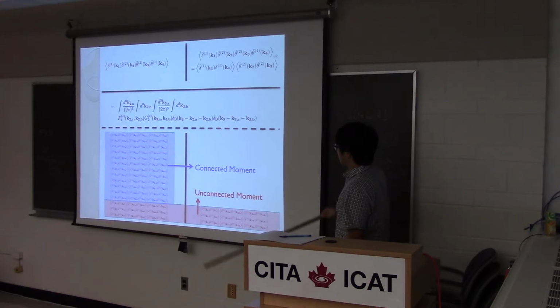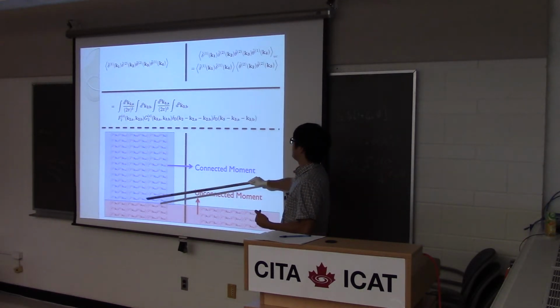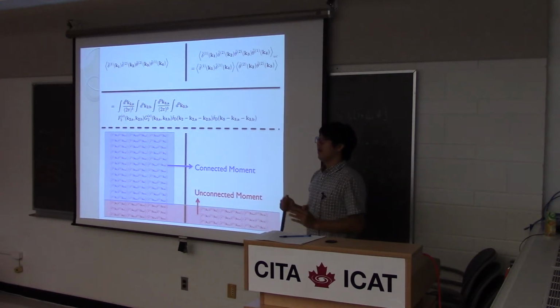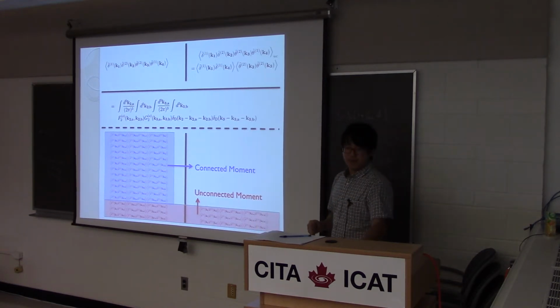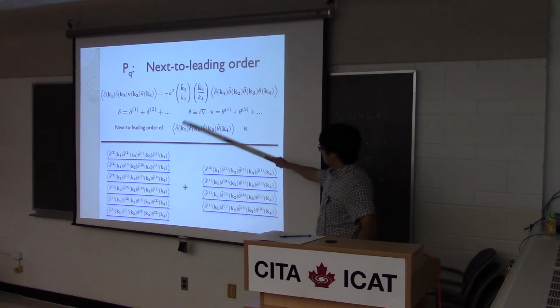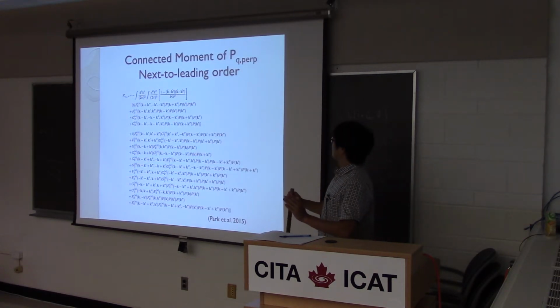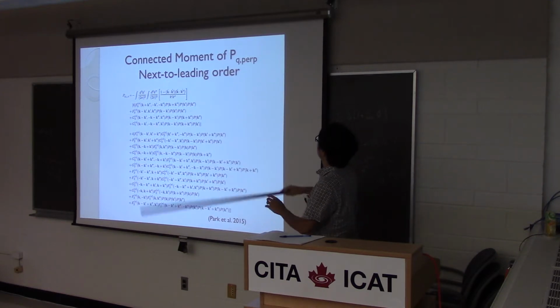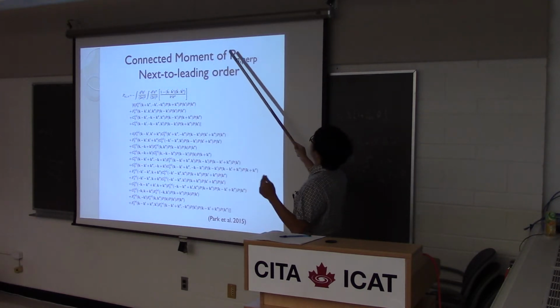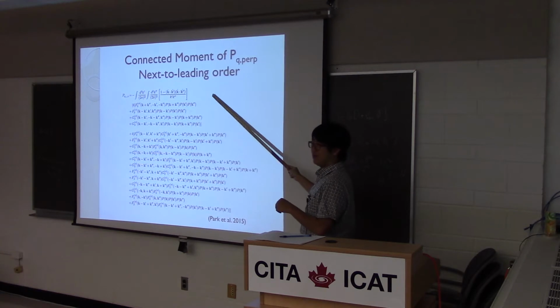Then these remaining 12 terms are from the connected moment that are not actually taken into account in the previous model. So you do that for all the other combinations, and you come up with the expression for the connected moment of the transverse momentum power spectrum to the next leading order.